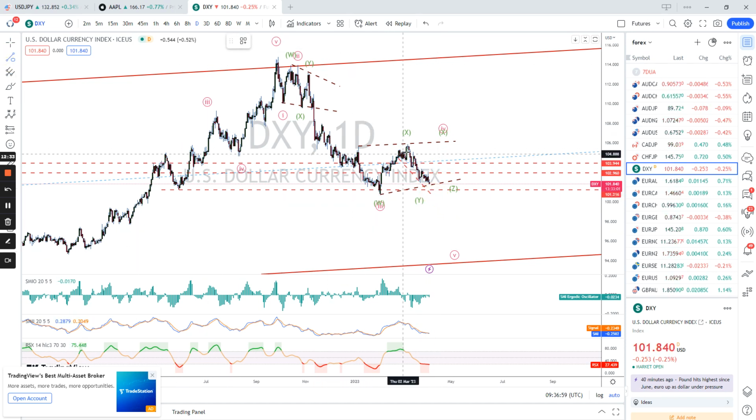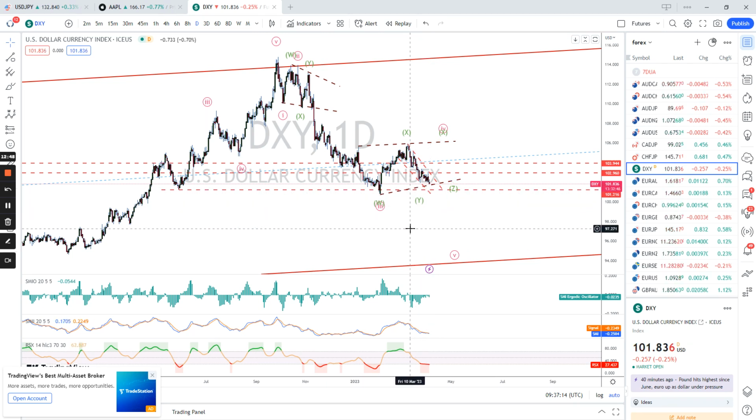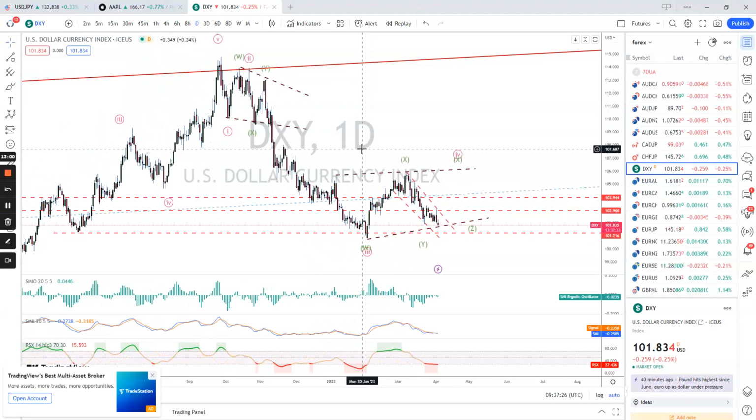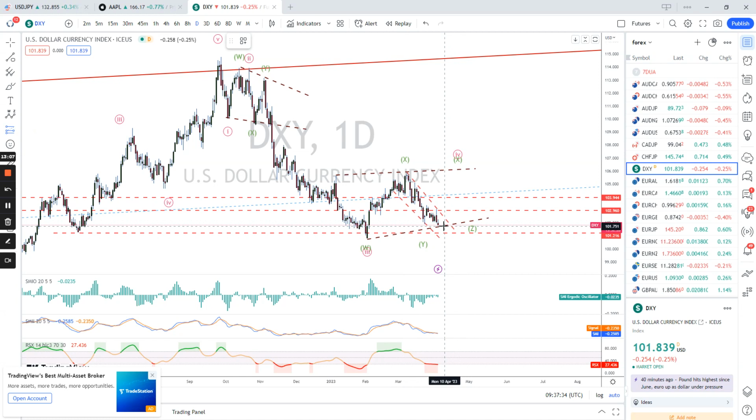So again, this is a combination of the price action, and Elliott Wave is powerful because we are not just using the Elliott Wave technique. We are also using the proper price action technique, which gives a higher probability for a good, profitable trade than just using the Elliott Wave probability.